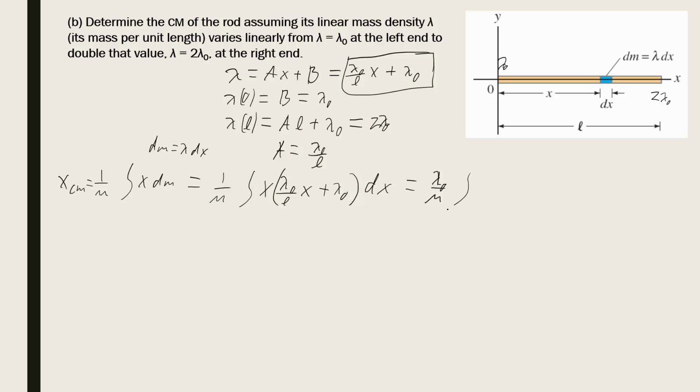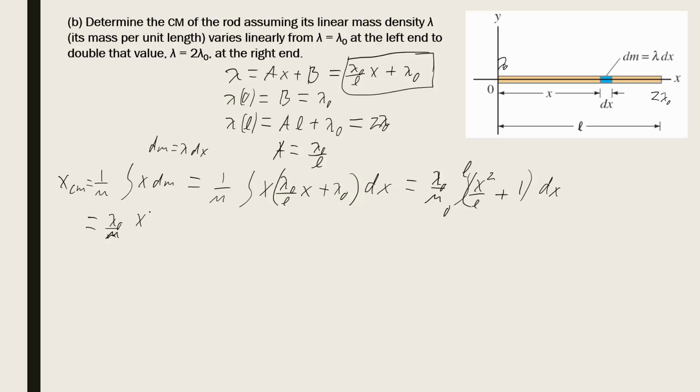And then we're going to integrate again from 0 to L, and we're going to start out with x squared over L plus 1, because we just got rid of that lambda naught, and all of that is integrated with respect to x. So there's our integral. I'm going to jump way back over here. So we've got lambda naught over m, became small again.